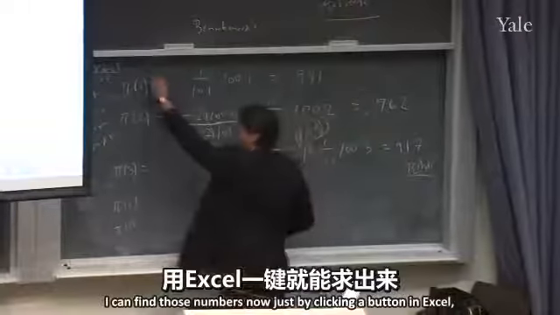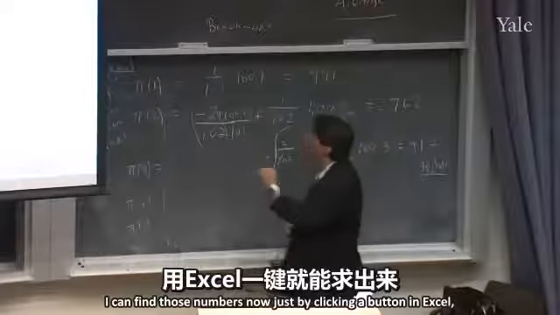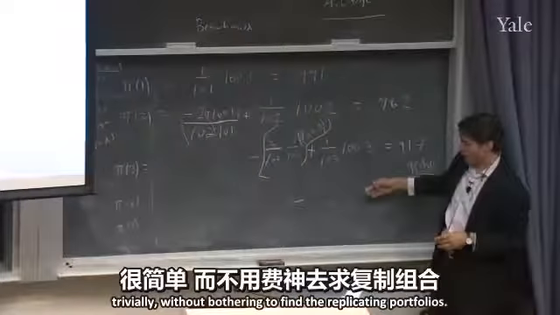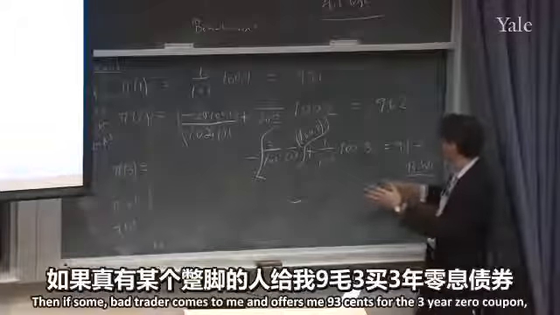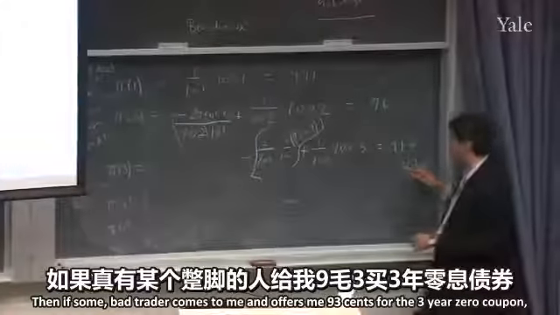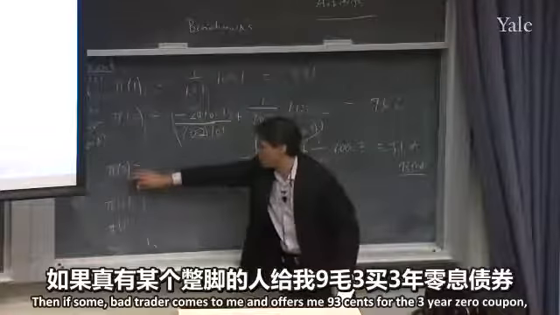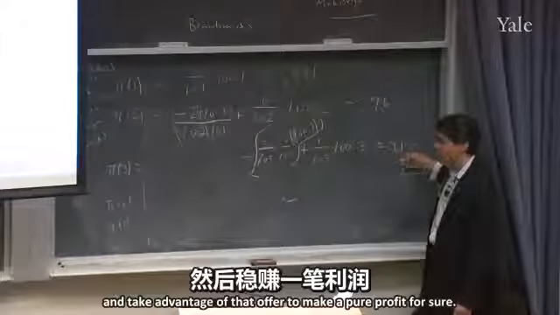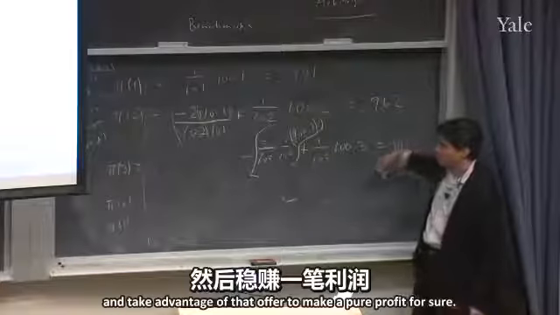I can find those numbers now just by clicking a button in Excel, trivially, without bothering to find the replicating portfolios. Then if some bad trader comes to me and offers me 93 cents for the 3-year zero coupon, then I'll figure out the replicating portfolio and take advantage of that offer to make a pure profit for sure.